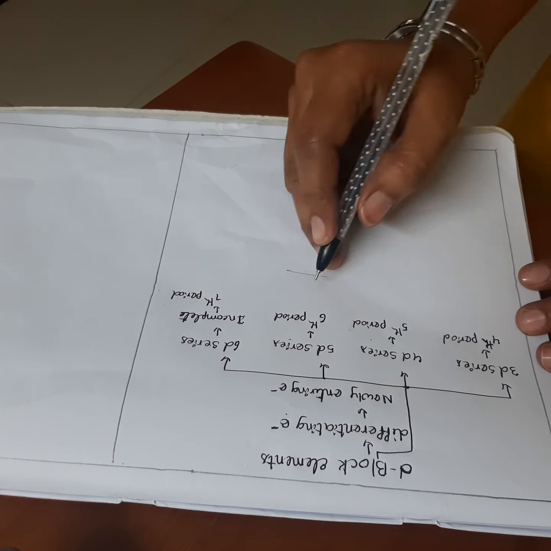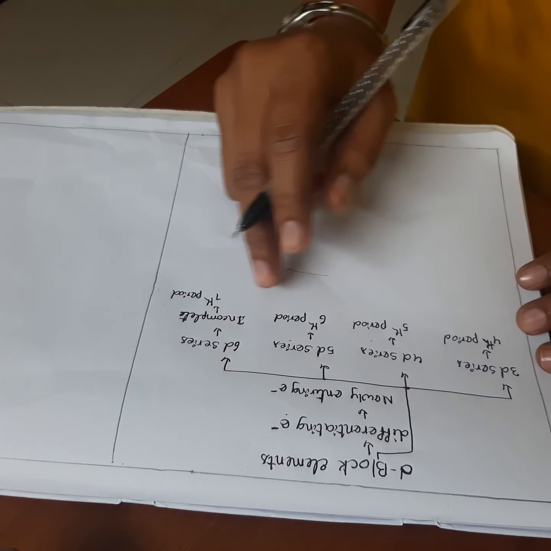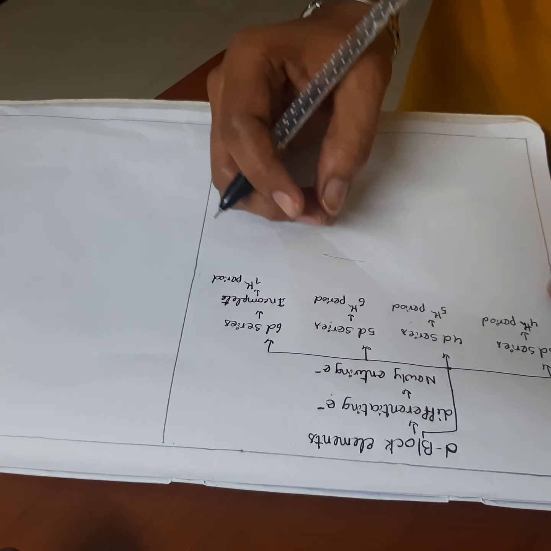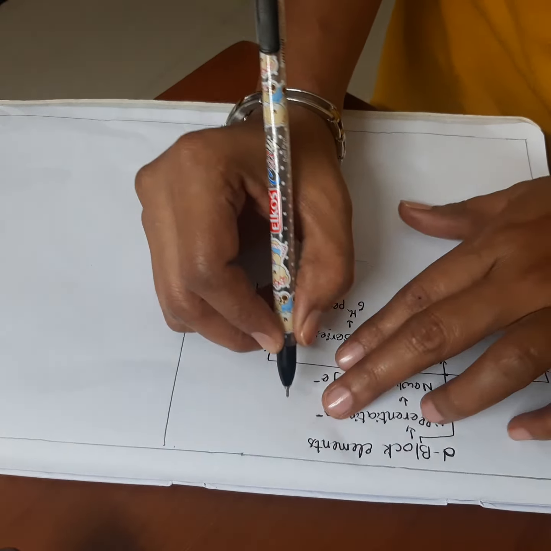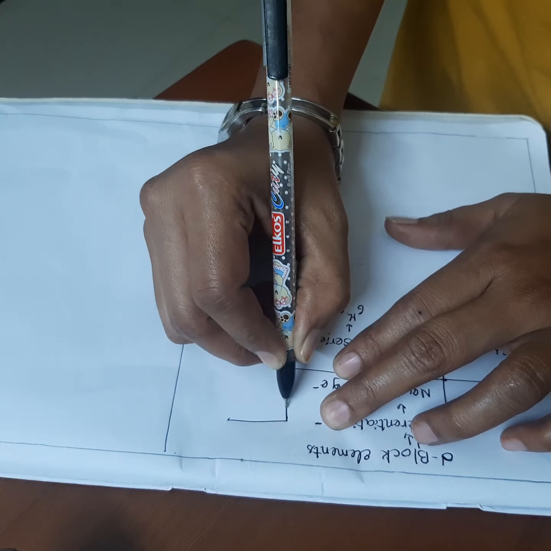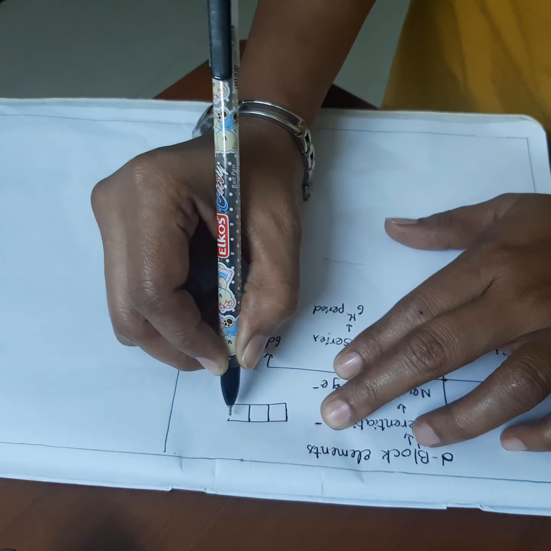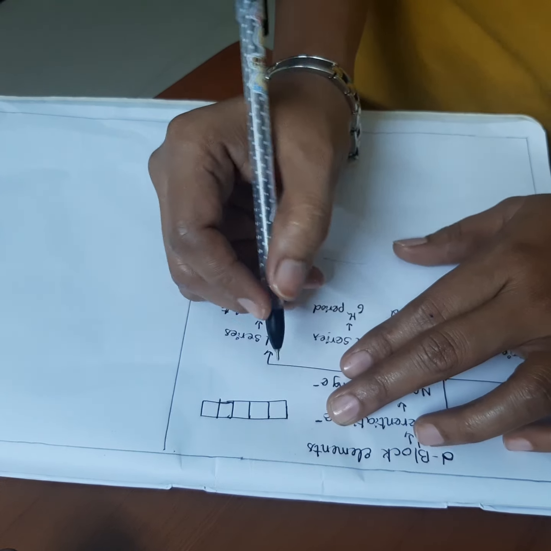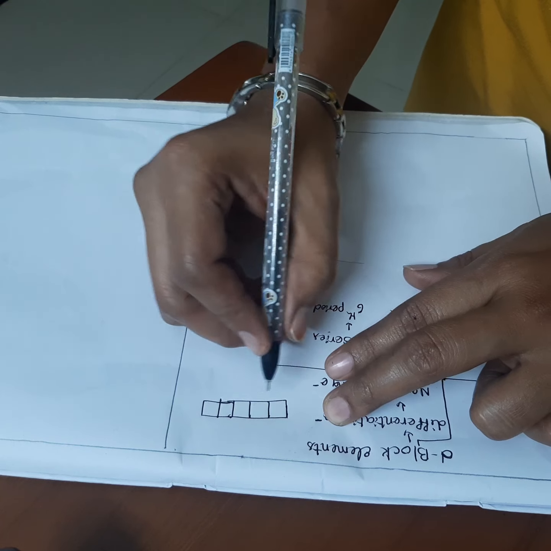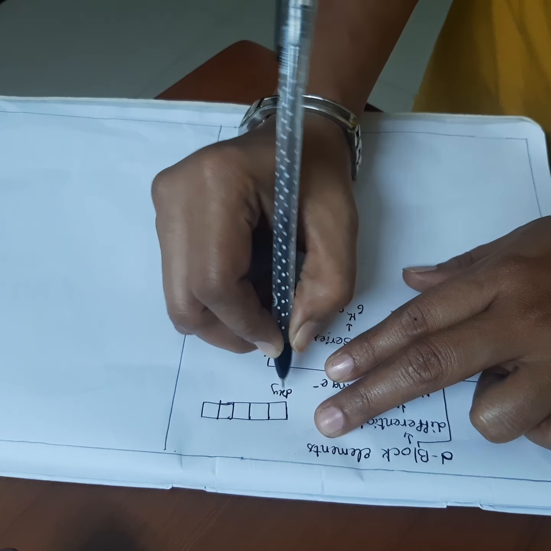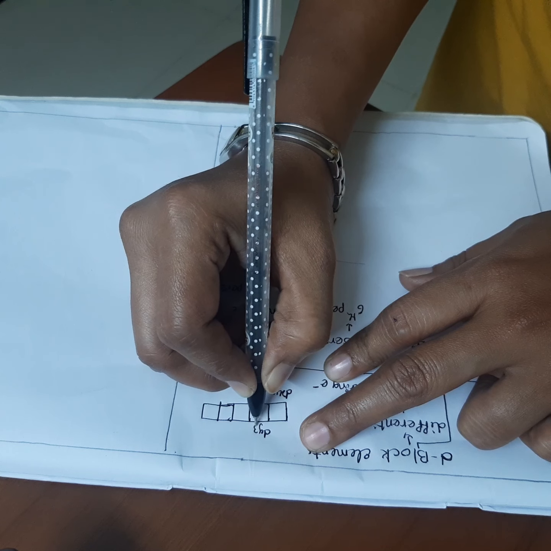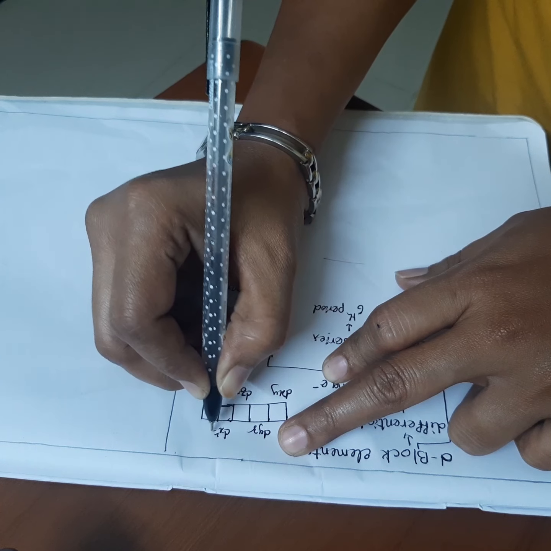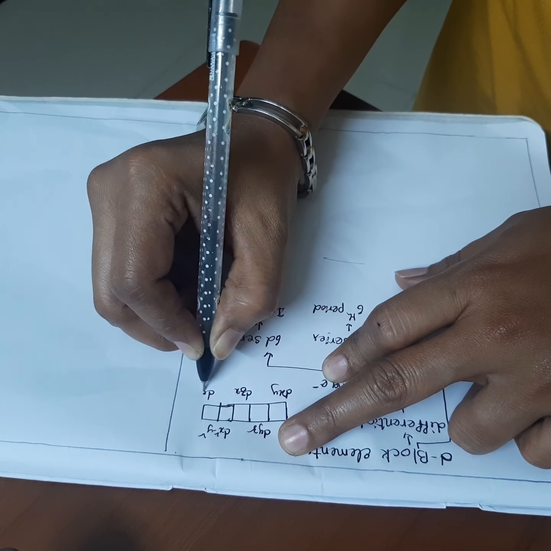Each series is filled by 10 elements. Why only 10 elements? Because the d orbital is subdivided into 5 degenerate orbitals: dxy, dyz, dzx, dx square minus y square, and dz square.